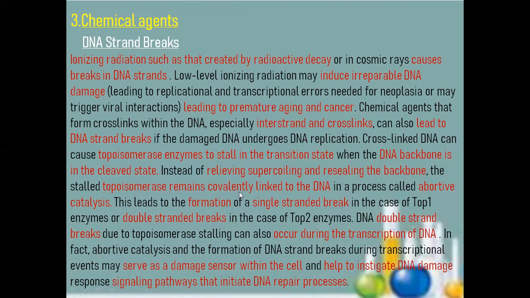Instead of relieving the supercoiling and resealing the backbone, the stalled topoisomerase remains covalently linked to the DNA in a process called abortive catalysis. This leads to the formation of single strand breaks in the case of topoisomerase 1 enzyme or double strand breaks in the case of topoisomerase 2 enzyme.